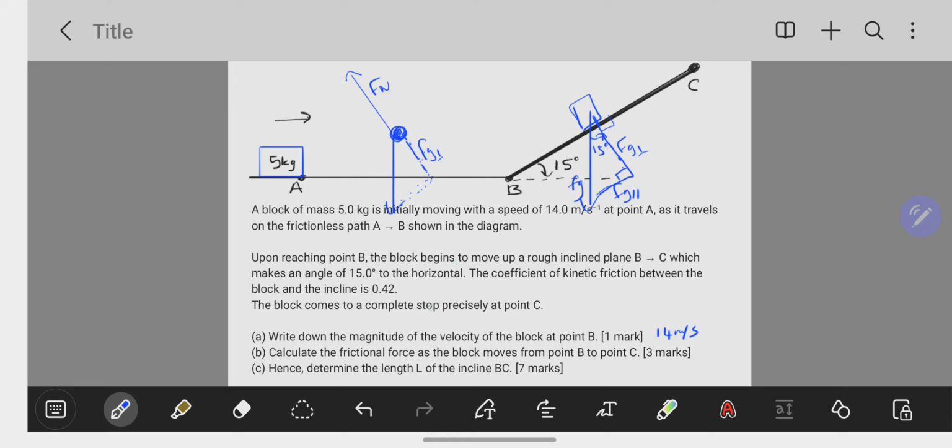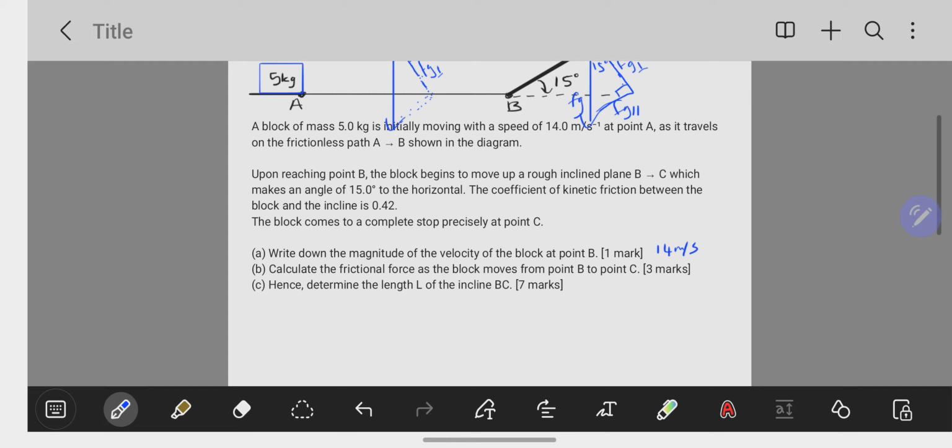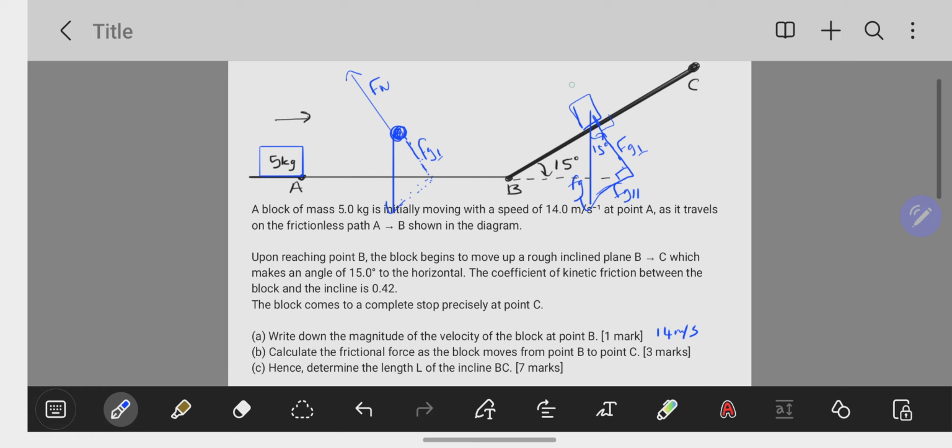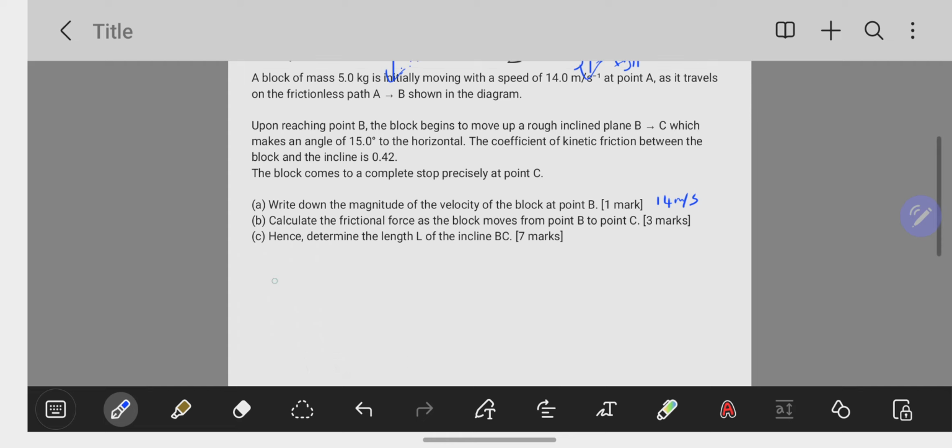So they are the only two forces that are acting in that axis. Since I'm interested in those forces, the block is not accelerating up, like just taking off from the incline. So we will say that our forces in the y are equal to 0.